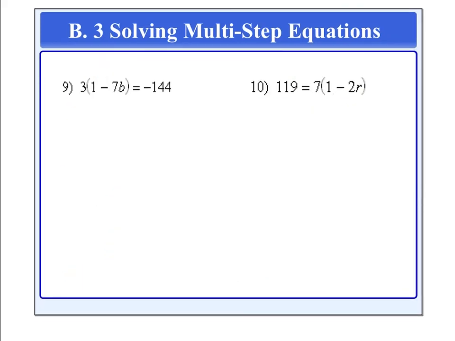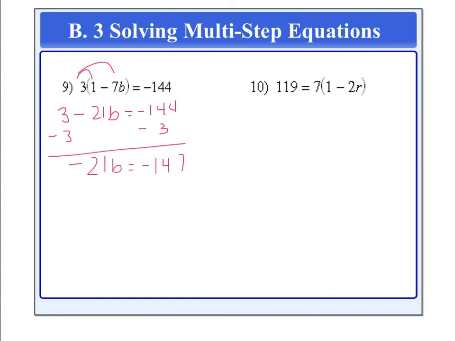Last slide here, you're going to do the distributive property again. So you're going to get 3 minus 21b equals negative 144. Subtract 3 from each side. You get negative 21b equals negative 147. You're going to take 147 divided by negative 21, and you're going to get b equals a positive 7.